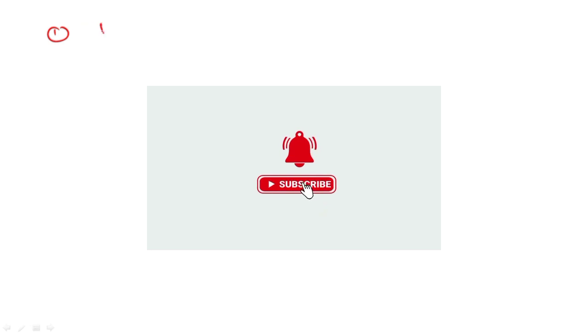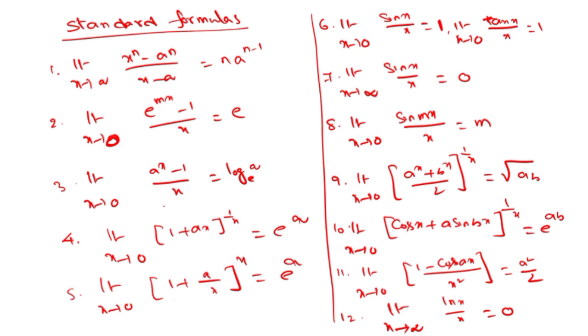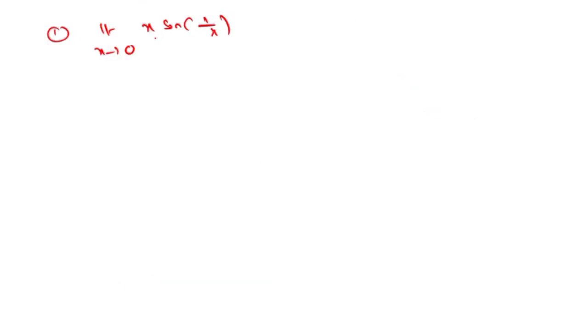Find the limit as x tends to 0 of x into sine 1 by x. We have the formula sin x by x, with limit x tends to 0 or limit x tends to infinity. So I would like to take 1 by x as u, which means x equals 1 by u.